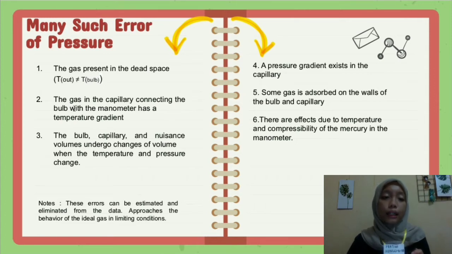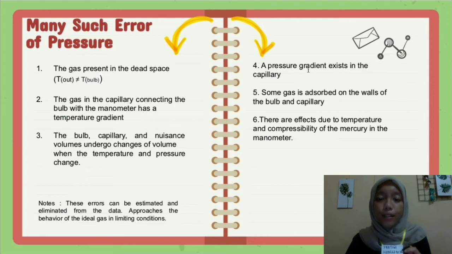So when the thermometer has a temperature gradient, there can be an error of pressure. And the third, the bulb, capillary, and nuisance volumes undergo a change of volume when the temperature and pressure are changed.